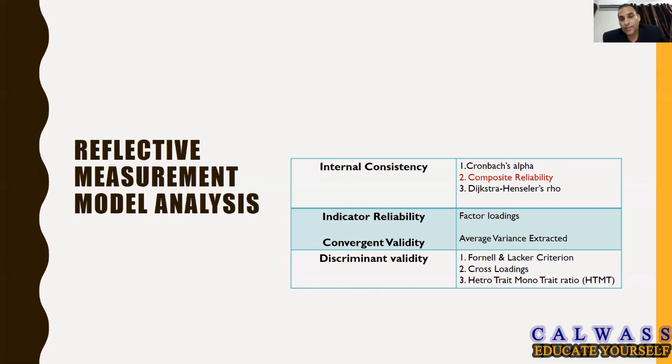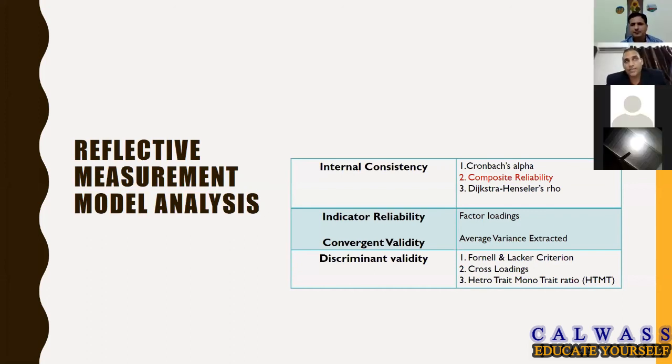detect discriminant validity. What we mean by discriminant validity is to what extent our constructs are discriminant or different from each other, because at times constructs are very close theoretically, and if we test them empirically, they seem to be very close. So if we cannot establish discriminant validity, we have to delete one construct, because if two variables appear similar, there's no point in keeping both of them.